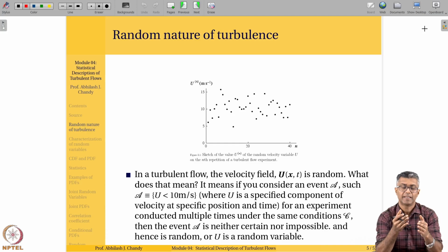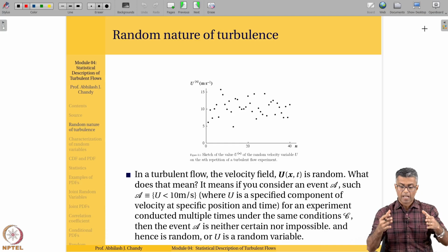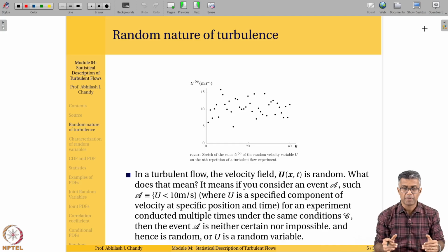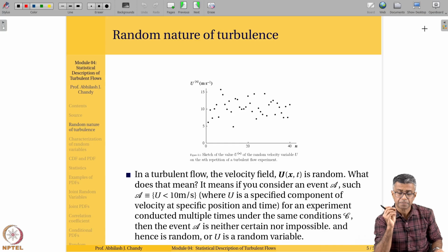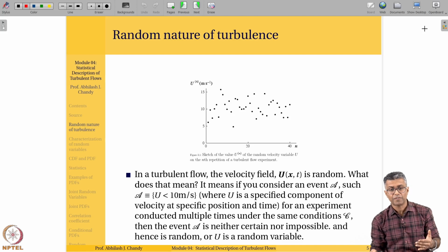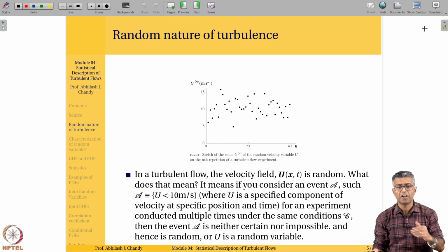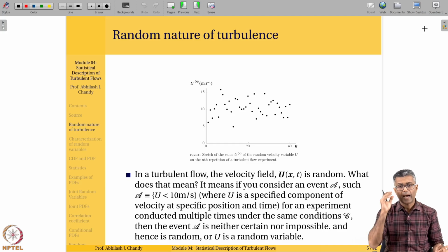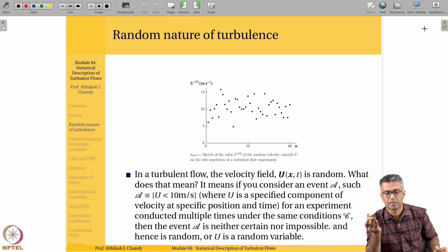You would think that if we perform the same experiment multiple times, we would get the same value of velocity at that particular point in space and particular point in time. But that is not the case. You have this so-called random variation. Sometimes it is 5, sometimes it is 7, sometimes it is 10, sometimes it is 15. So there's this variation in velocity. And it looks random to us, right?